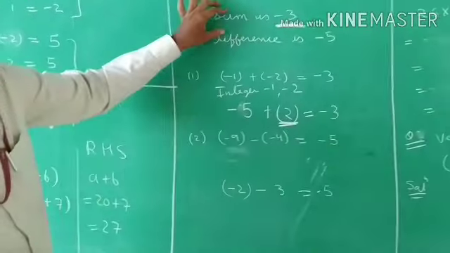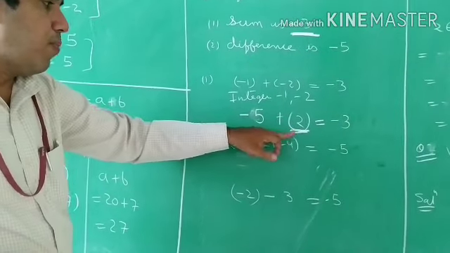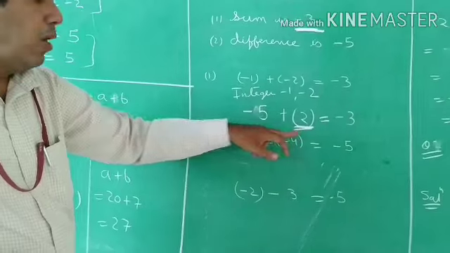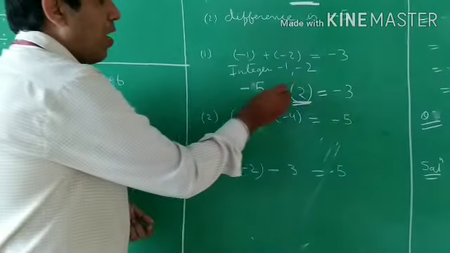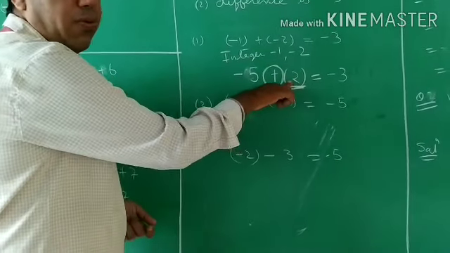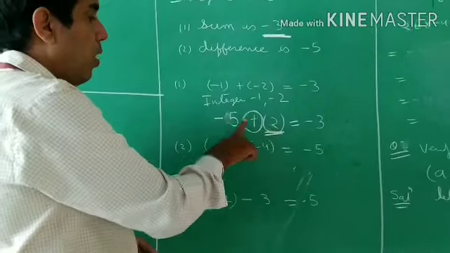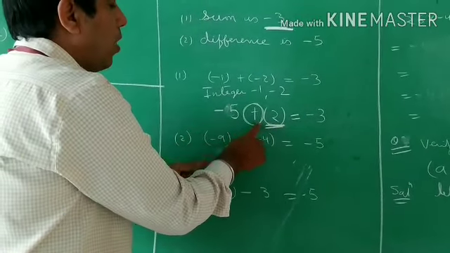It is not said here that it should be positive or negative, so you can take the number 2 also. Be clear in this concept here. Addition means this sign should be addition. The first number can be positive or negative, the second number can be positive also, negative also, but in between the two numbers, the sign should be of addition.